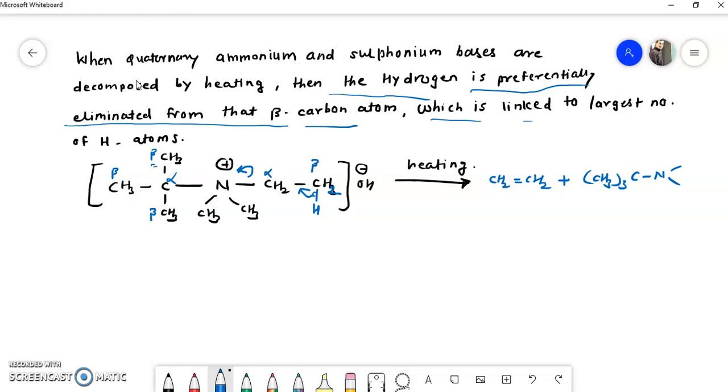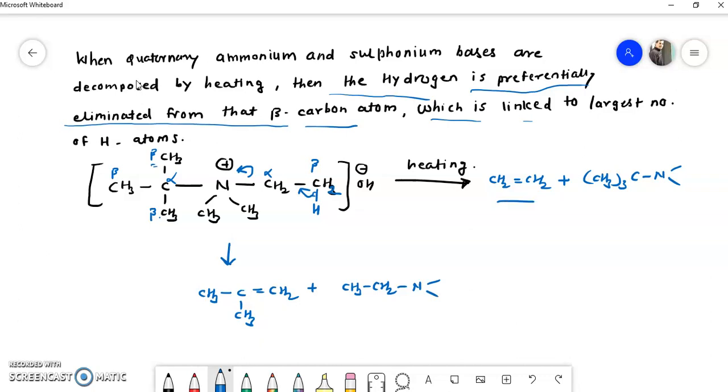But when we abstract the beta hydrogen from this carbon or this, there is a possibility of formation of this product, with the elimination of this CH3 CH2 N like this.